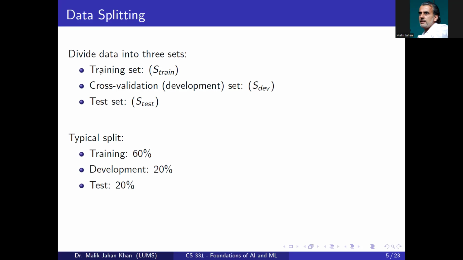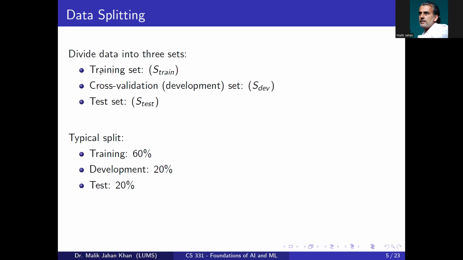So the optimal theta is approximated using the training set. And then we directly use S_test to figure out whether the learned model is good enough or not on some unseen data. Right. For some raw purposes, you might have seen at the start of the course, you might have done these kind of exercises where we use the whole data set as the training set, and then we use the whole data set as the test set.